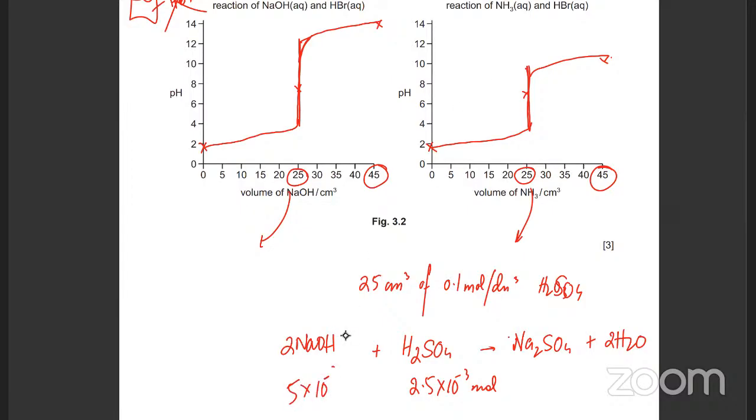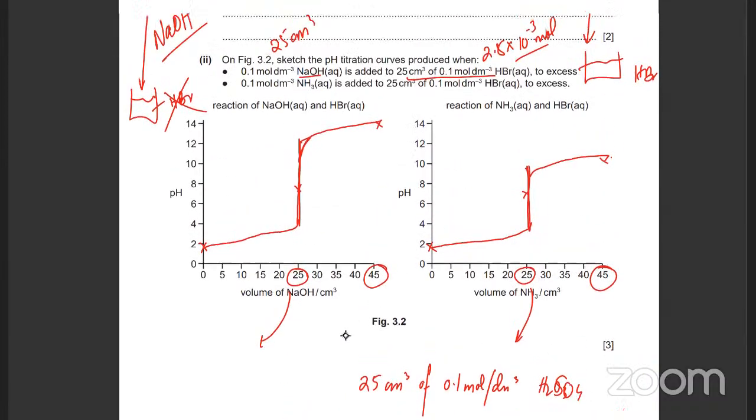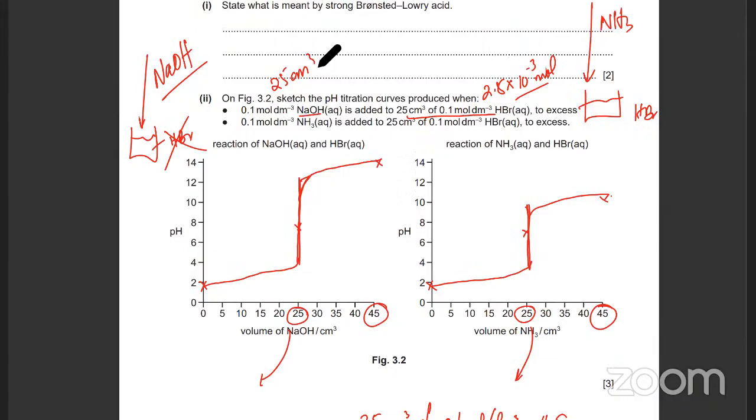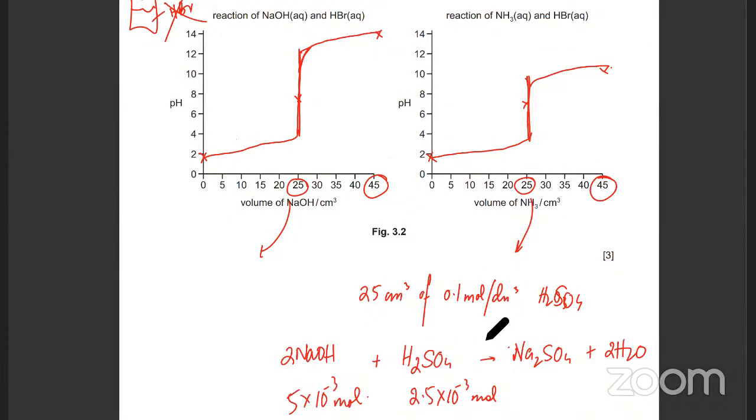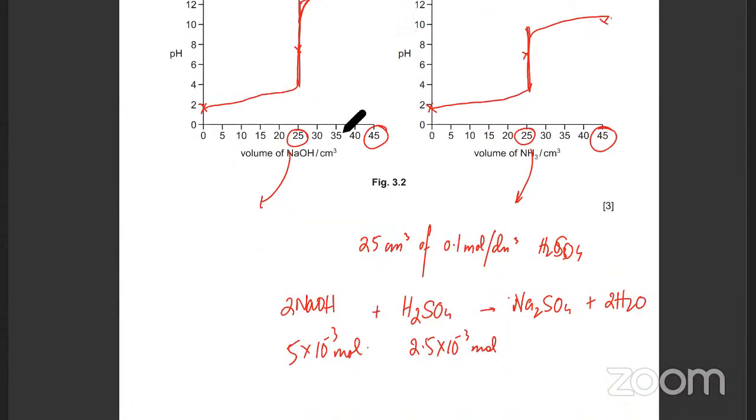Is that clear? And you can only get 5 times 10 power minus 3 moles if you add 50 cm cube of it. So it won't even get neutralized in this graph. Is that clear? Yes. I mean, you can't even show it on the graph because you're just adding 45 cm cube.